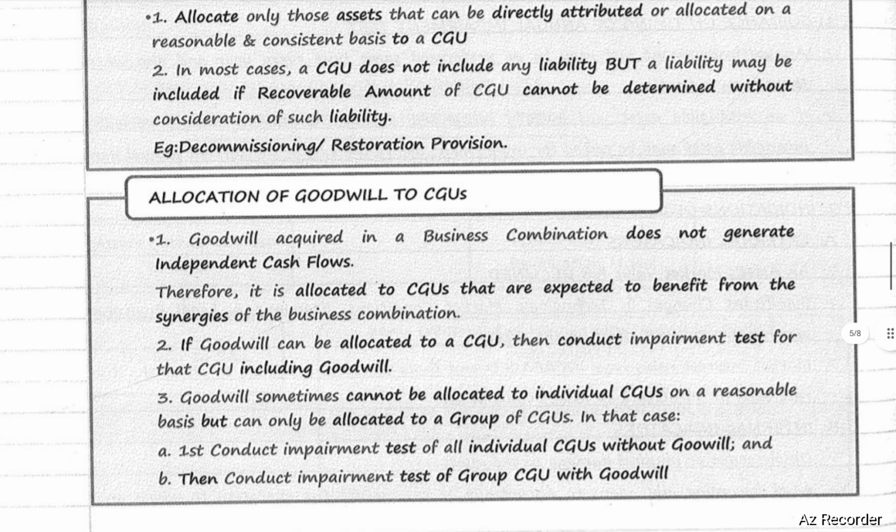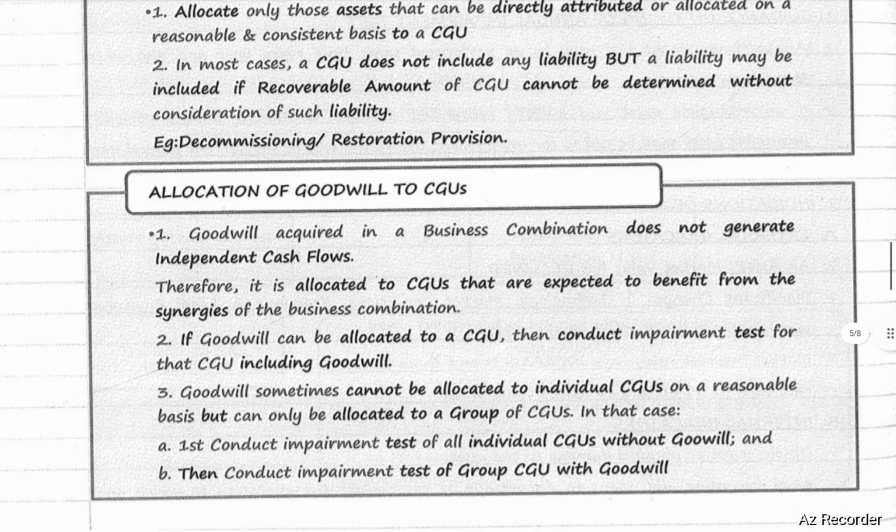Allocation of goodwill to CGUs. Goodwill acquired in a business combination does not generate independent cash flows. Therefore, it is allocated to CGUs that are expected to benefit from the synergies of the business combination. If goodwill can be allocated to a CGU, then conduct an impairment test for the CGU, including goodwill.